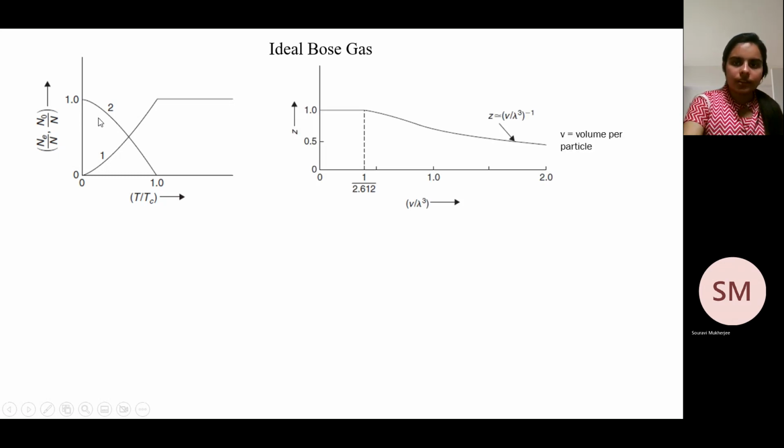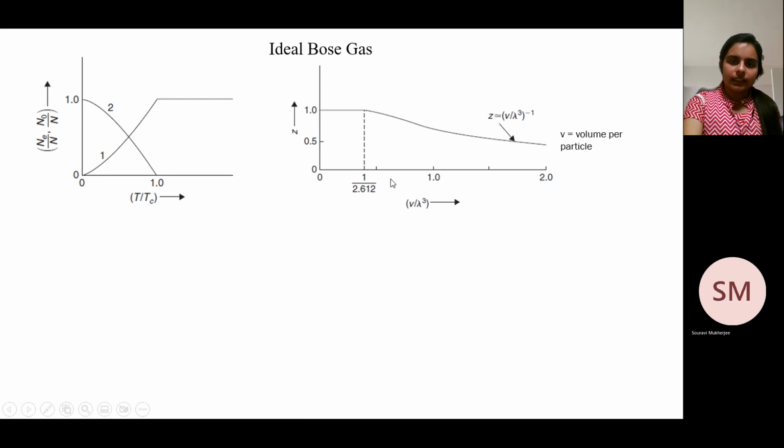You can again look at the expression for Z, the fugacity. Here v is the volume per particle, so it is given by capital V by capital N, where capital V is the volume and N is the number of particles. If you look at the expression for Z, you would see that Z gradually tends towards the inverse of v by lambda cube when you go towards the classical range.